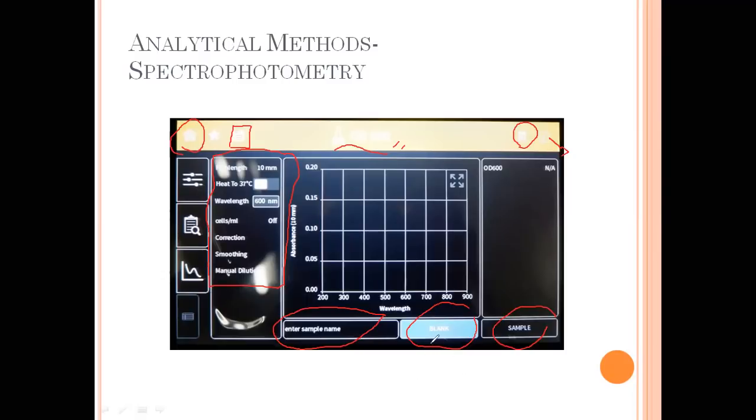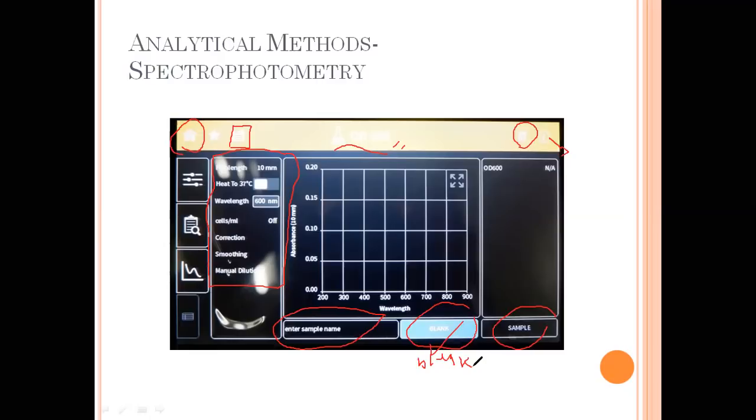Okay, so the blank button, kindly take note that this will be pressed if you are to measure the absorbance of your blank. Okay, so most of the time we make use of distilled water as our blank solution. And the main purpose of the blank solution is to read out any absorbance caused by the reagent or the sample.